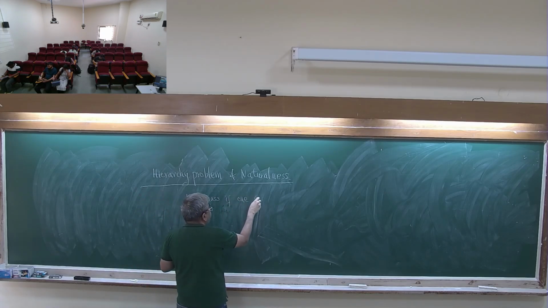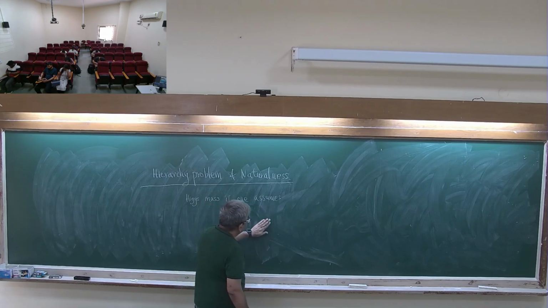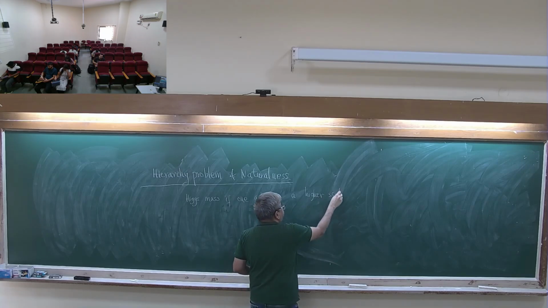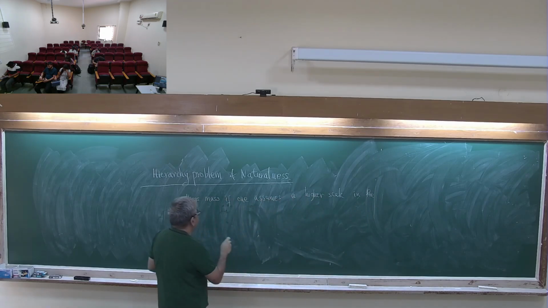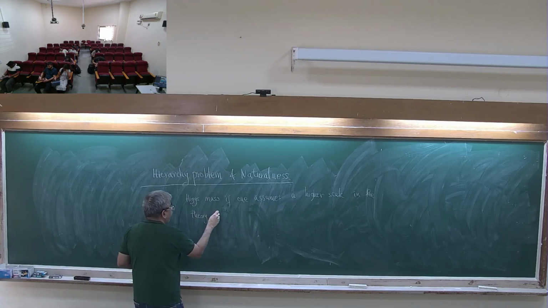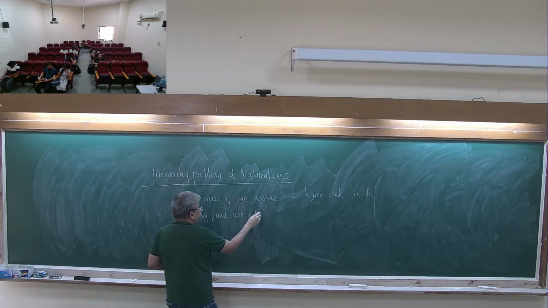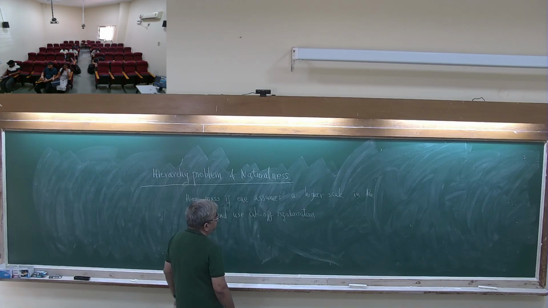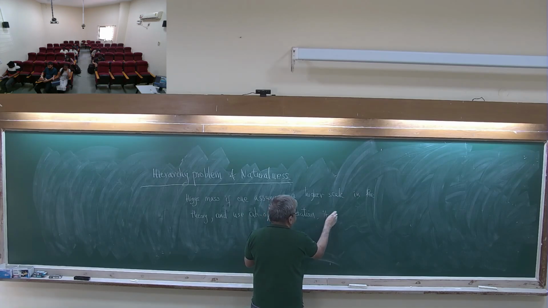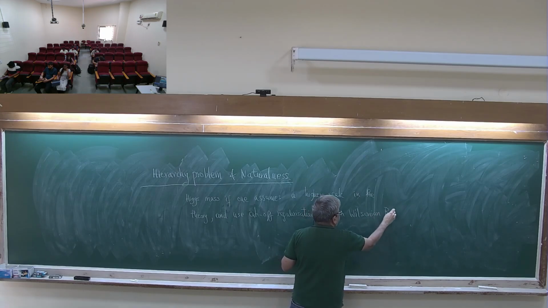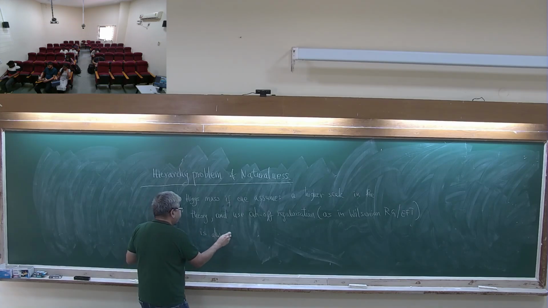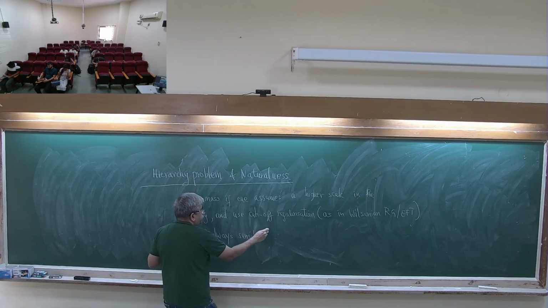Okay, Higgs mass, if one assumes a higher scale and uses Wilsonian, is always sensitive to the highest scale.